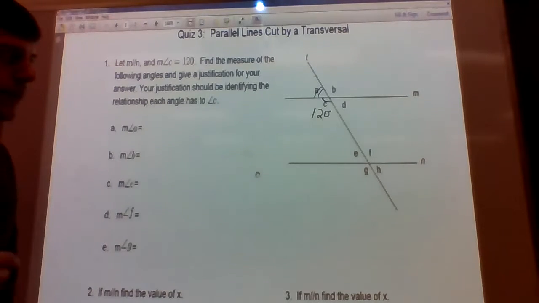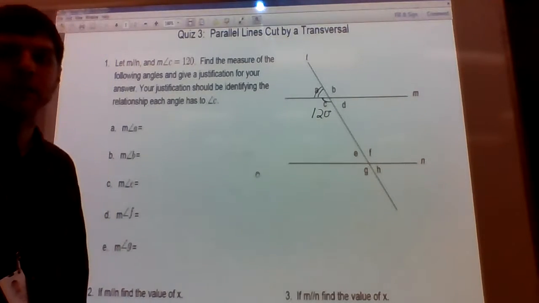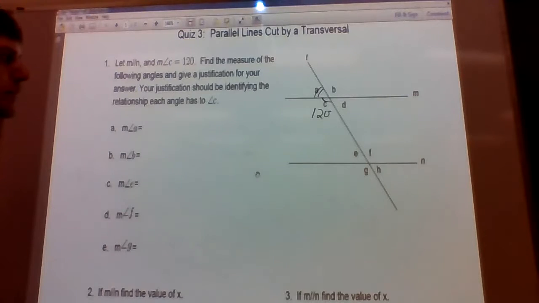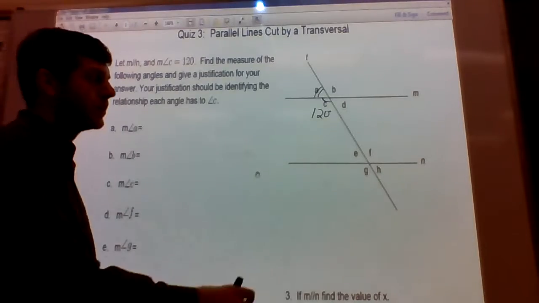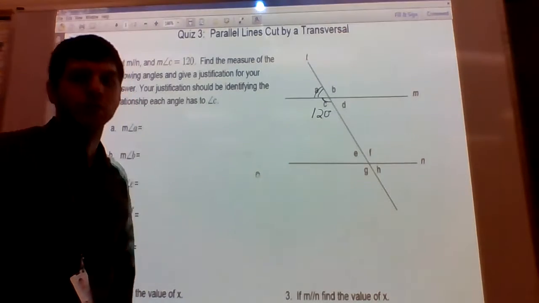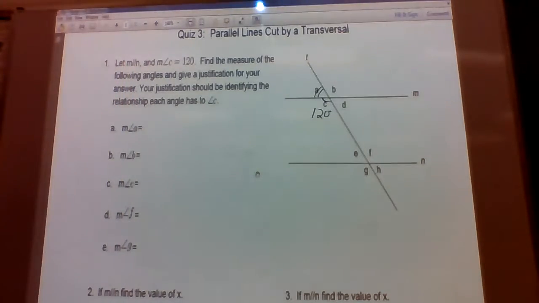If we just have them on the same transversal, the same line going through two other lines, then we have alternate interior angles, same side interior angles, same side exterior angles, alternate exterior angles, and corresponding angles. If the lines are parallel, then we know those angles are going to be either supplementary or congruent, depending on which one it is.